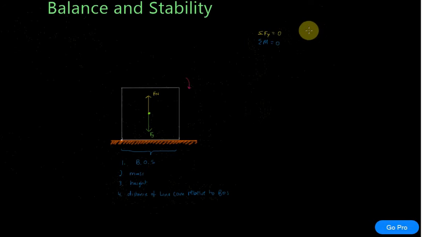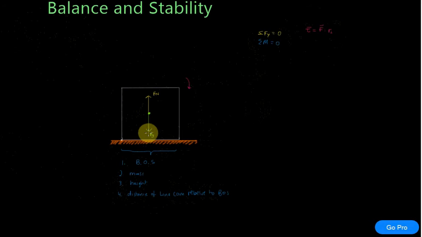So remember that a torque is defined as the force that is applied multiplied by the distance that the force is from the axis of rotation. But remember, it's not just any distance, it's the perpendicular distance, right? So if I have this force, what is the perpendicular of this force to this axis of rotation?